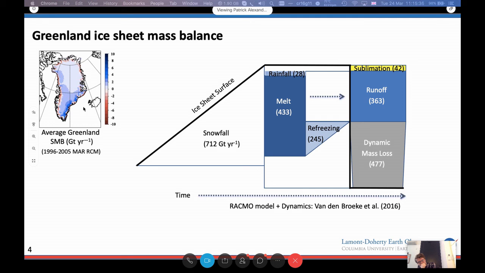But for those mountain glaciers, I believe most of the changes that we're seeing are surface changes because many of them are not connected to oceans. It's mostly the surface mass balance.